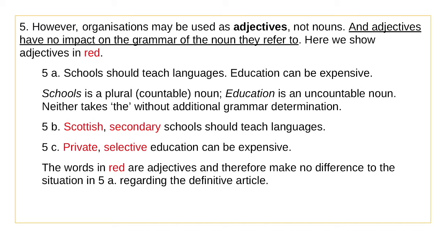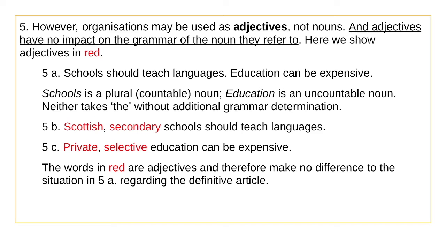There is no the in 5A because schools is a plural countable, education is an uncountable noun, and if there is no additional grammar determination, there is no article. So 5A is correct. And so look what happens if we add some adjectives in 5B.